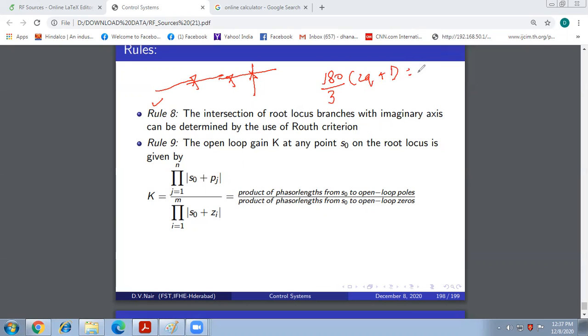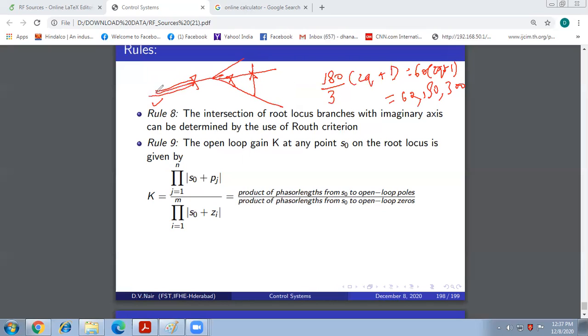So that is 60 into 2q plus 1, and we get three asymptotes, 60 for q equal to 0, 180 for q equal to 1, and another 300, right? So somewhere, let us say, we know the asymptotes will be giving these directions.